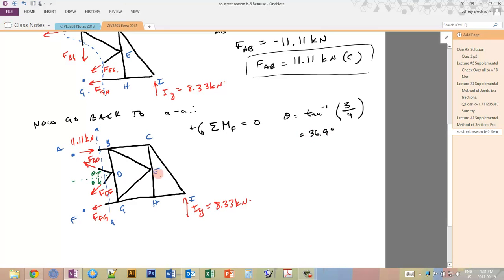Okay, so now if we look at points, if we have A like this, and we have F down here, and we have FAD, which looks something like this. Okay, and we want to draw a little triangle here.